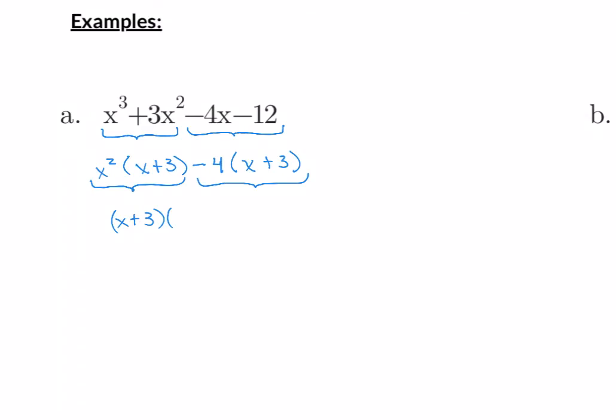The first set, if I factor out the x plus 3, I am left with x squared. In the second set, if I factor out x plus 3, I am left with minus 4. This is as far as we've gotten so far, but now one of the things to notice is x squared minus 4 is a difference of squares. So I can continue now. I'm going to bring down my x plus 3.